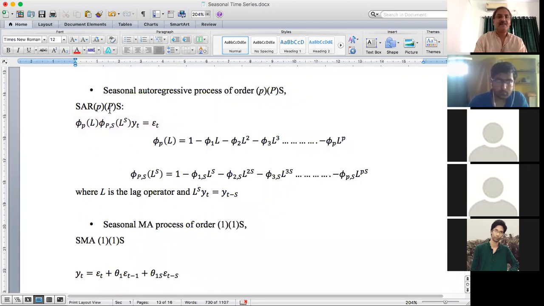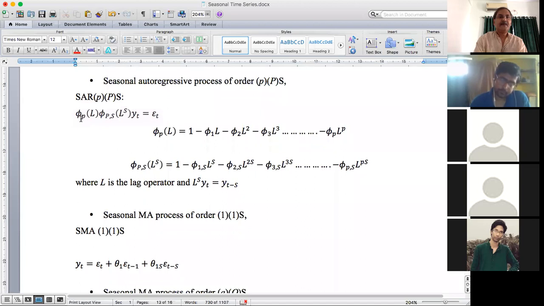So SAR (p, P), phi p of L, this is the autoregressive polynomial of order p for the non-seasonal part, and phi P S, L to the power S, this is the autoregressive polynomial of the seasonal part. So autoregressive polynomial of the non-seasonal part, autoregressive polynomial of the seasonal part.